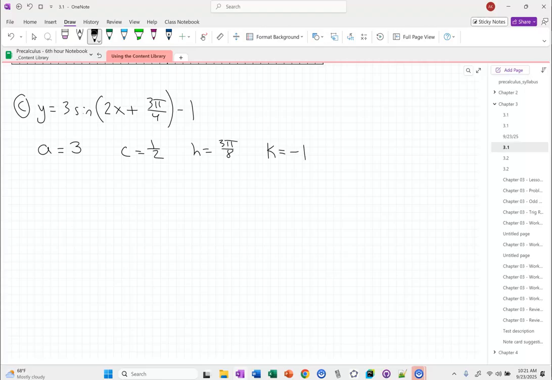Can you do H on the board? Or how to find H? It's two x divided by two x.